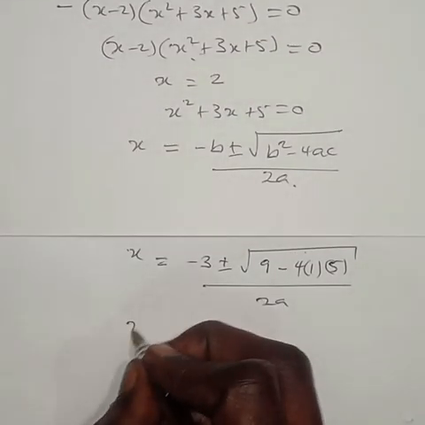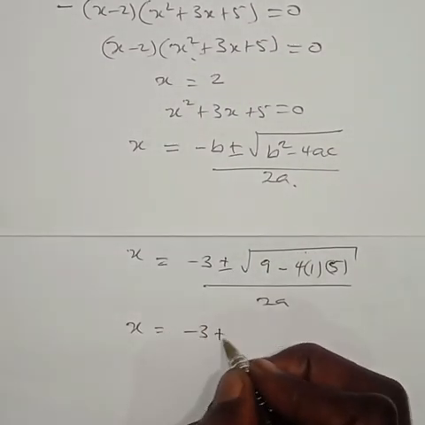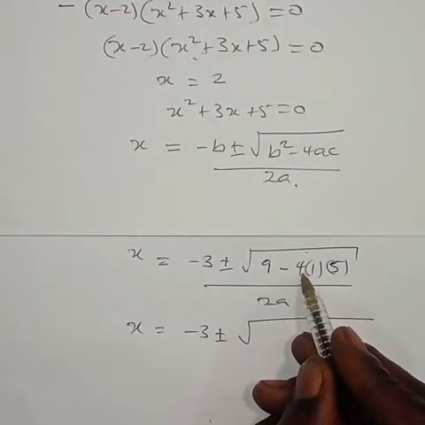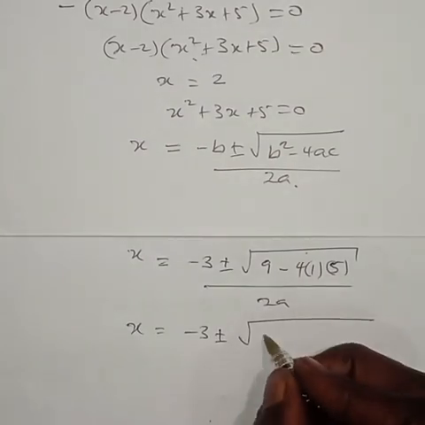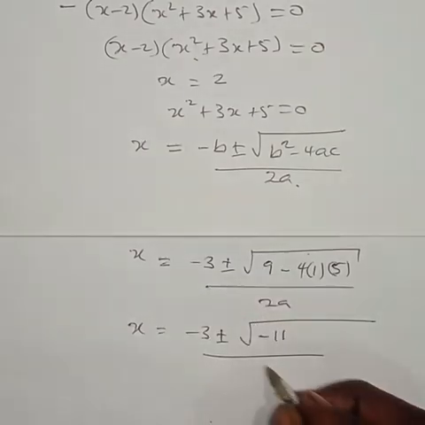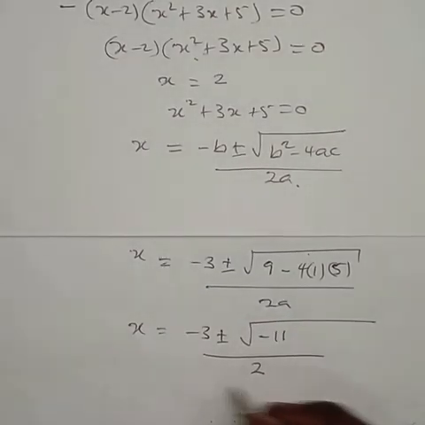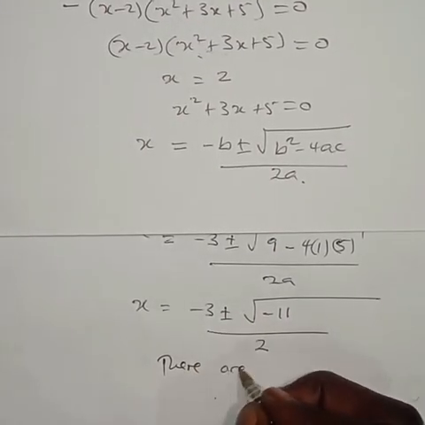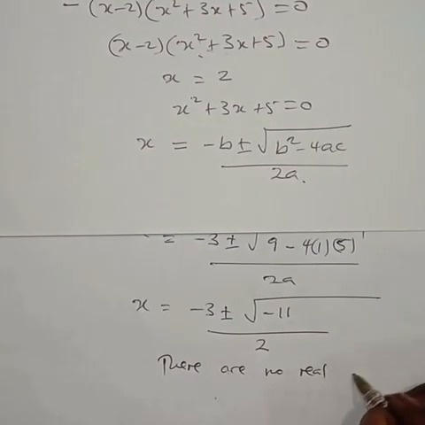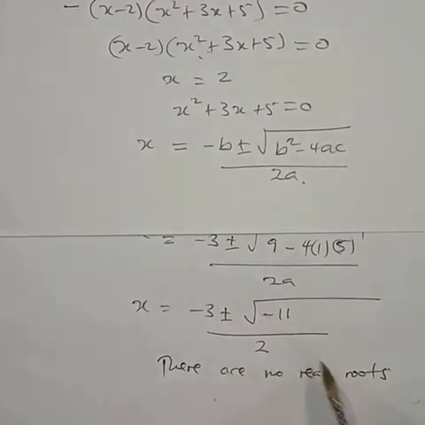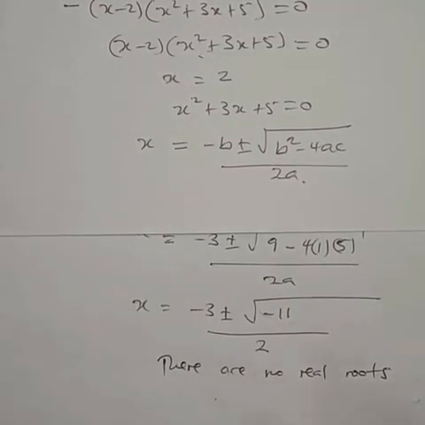So x is equal to minus 3 plus or minus root of 9 minus 20, which is minus 11, over 2 times 1. So there are no real roots here, because the square root of minus 11 is undefined.